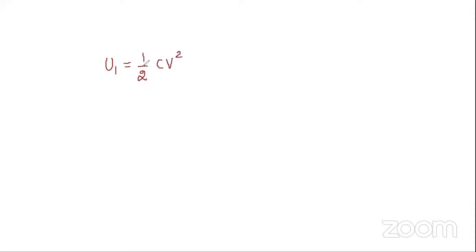Then they disconnect the battery, and another identical uncharged capacitor is connected in parallel. Now, what is the total energy of the resulting system? Since you have connected two capacitors in parallel, the energies are added up. So half CV square plus half CV square, because these capacitors are connected in parallel.